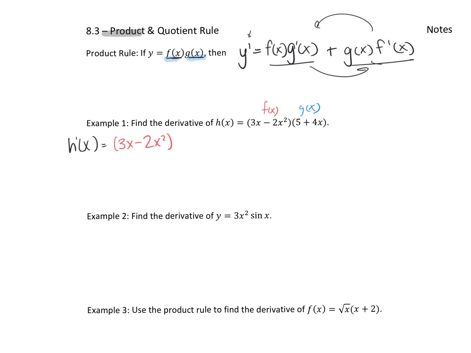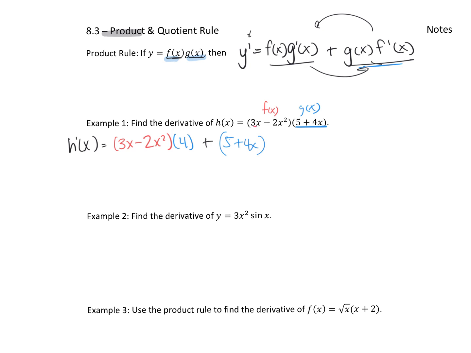So the derivative of 5 plus 4x: the derivative of 5 is 0 because it's a constant, and the derivative of 4x is just 4. So you multiply them together. Plus, again, it doesn't matter which order you put this in, but we're going to leave the second one the same, times the derivative of the first.